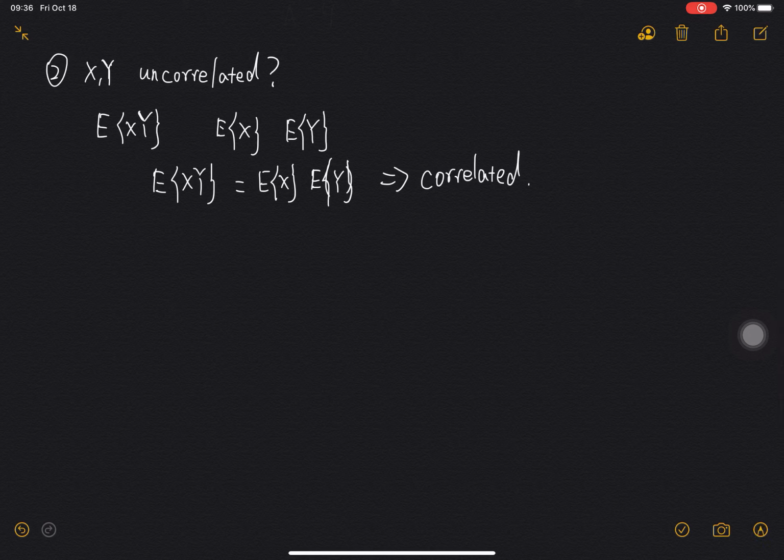So first let's try to get the expectation of xy. It should be like this: the definition region of x and y separately, and xy times the density function.